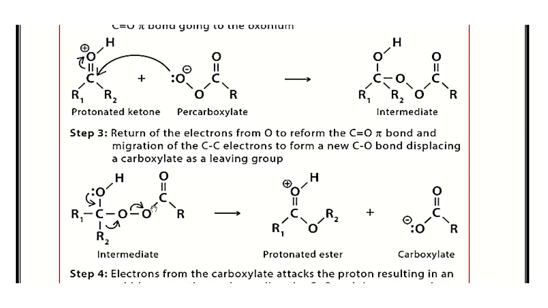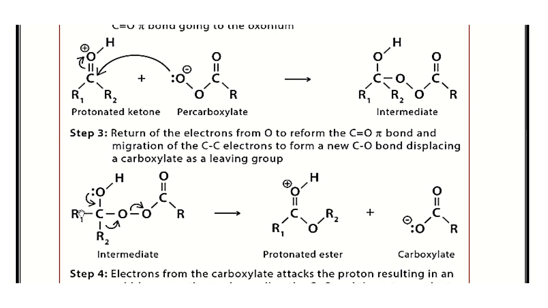So in order to stabilize the positive charge, one of these R radicals will be shifted to this oxygen, and that's how this will get converted into the protonated ester.